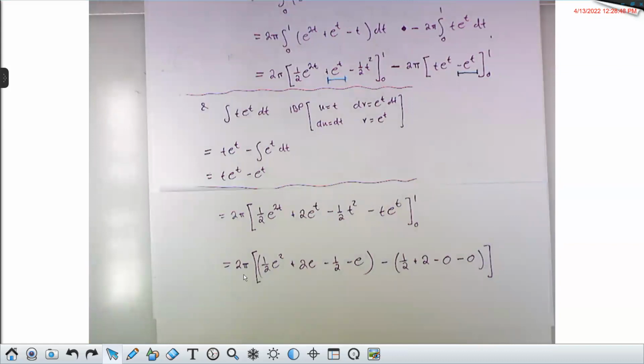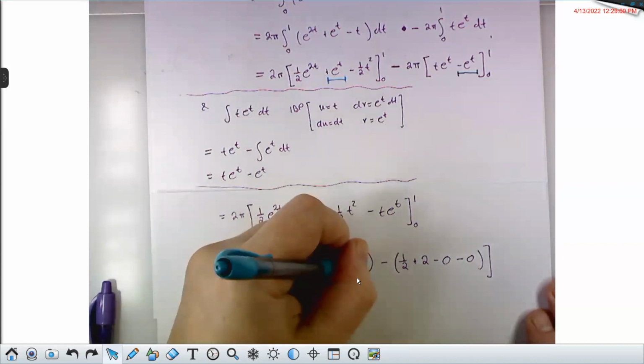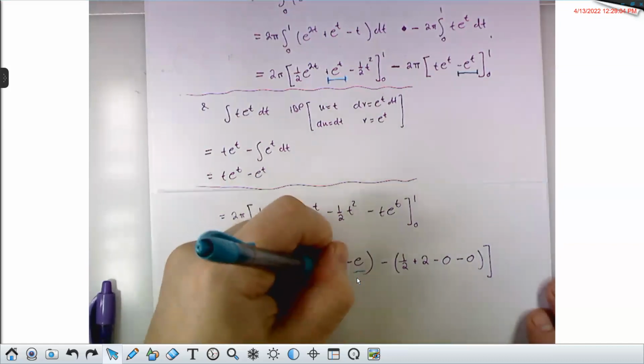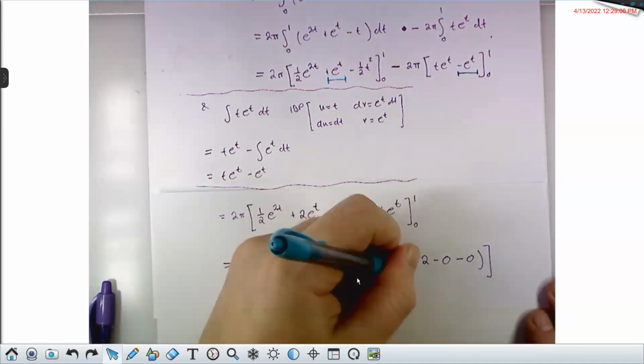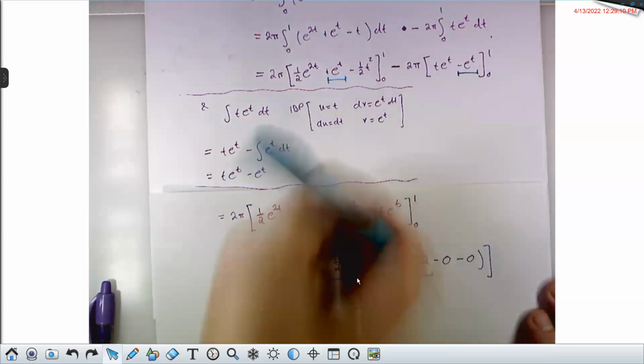So all together here, I've got a 1/2 e squared, no other e squared. I've got 2e minus e. So I can put this and this together. I can put this and this and this together.